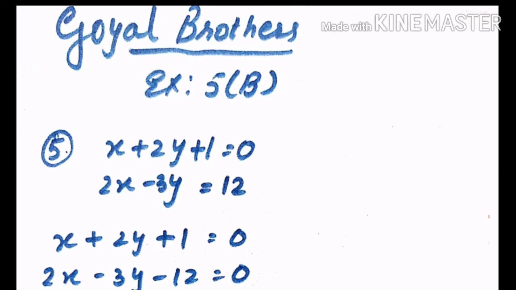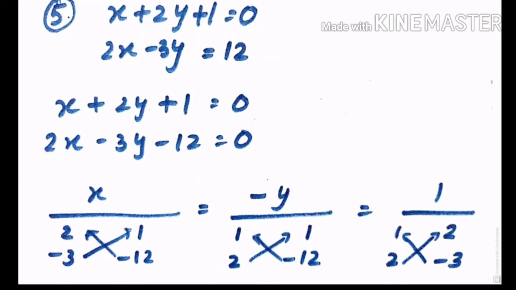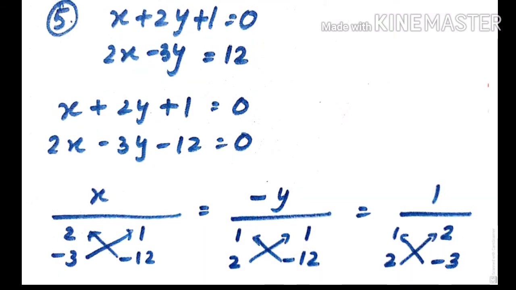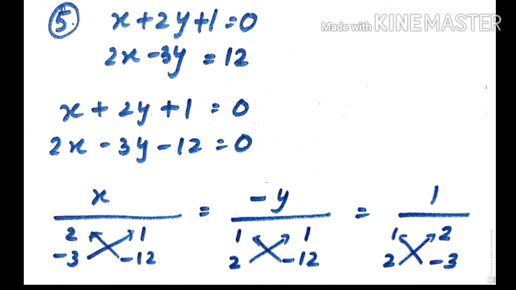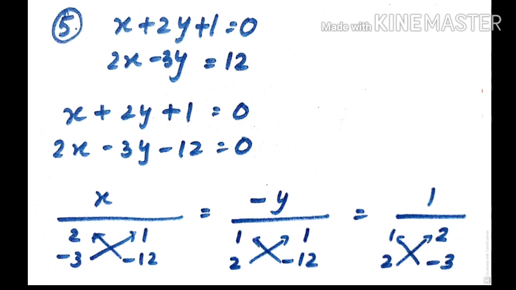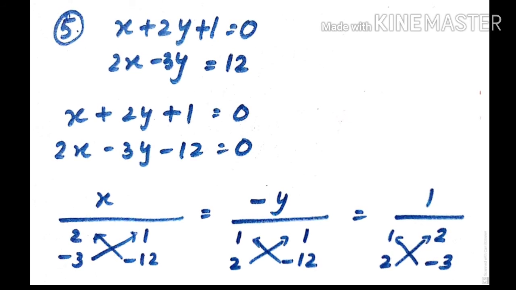Okay students, then the second step, what you have to do, you have to make three parts: x, minus y and 1. Now we write x upon, see, now what I have to do, I will close with my finger x part. So variable of y is 2, minus 3 and constant term 1, minus 12.